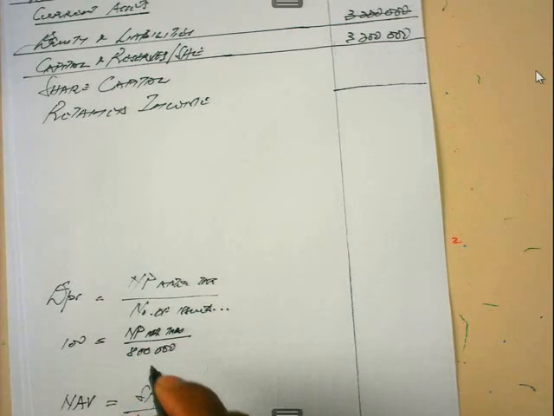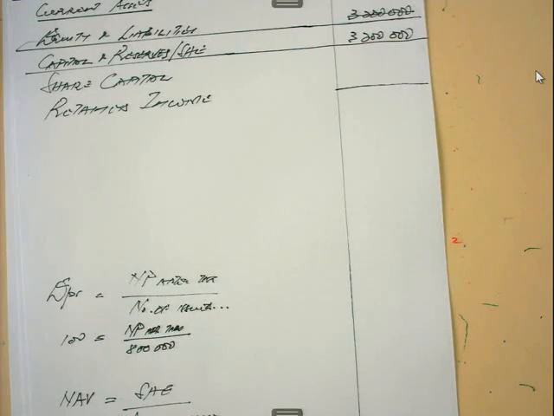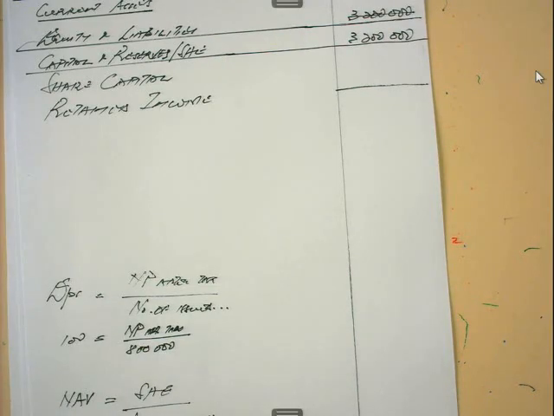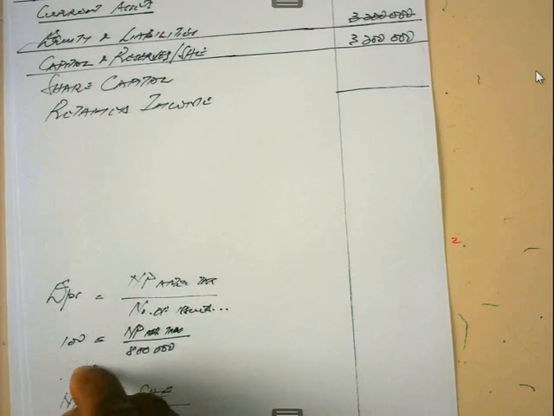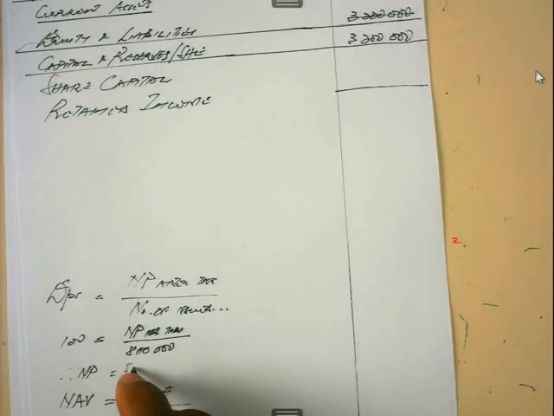It should therefore be possible to determine your net profit after tax. It will be 100 times 800, and because these are cents, 800 cents, so 800,000 rands. Cross multiplication.